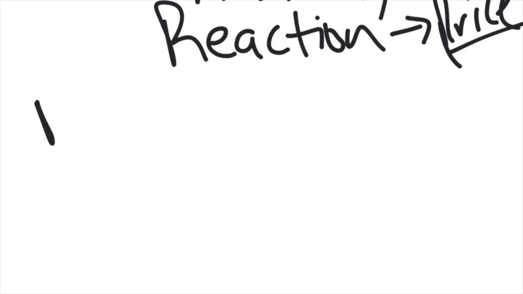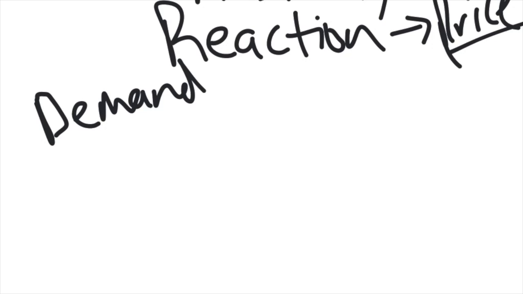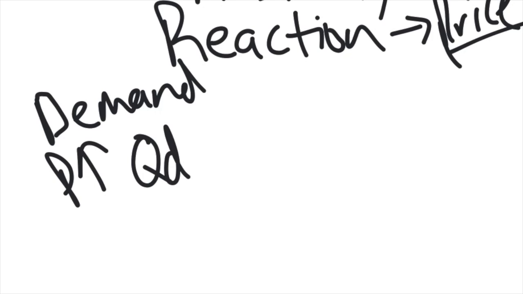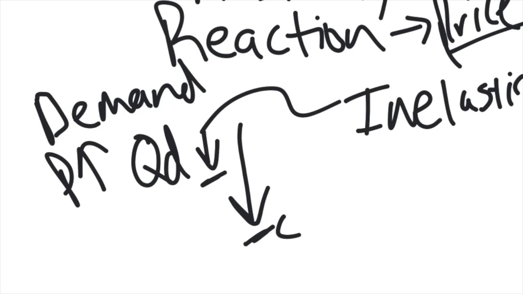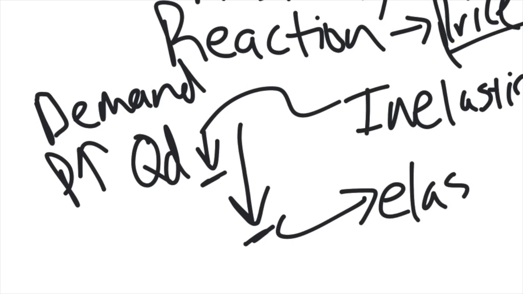Okay, so if we're talking about the demand and the price increases, we know that the quantity demanded goes down, but the question is, does it go down by a little or does it go down by a lot, right? So if it goes down by a little, we call that inelastic. The reaction is very small. If it goes down by a lot, we call it elastic.